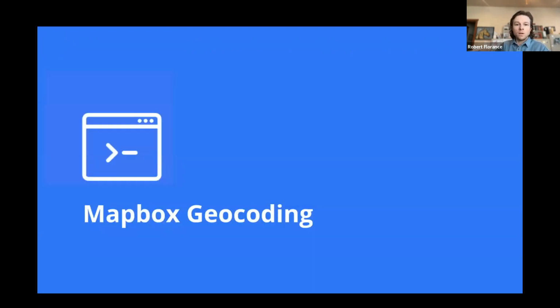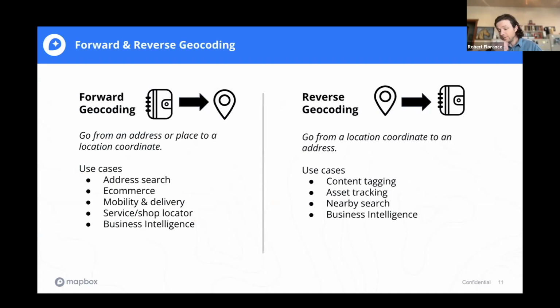To get into it, at a very high level there are two types of geocoding: forward geocoding and reverse geocoding. You can think of forward geocoding as having an address string, the name of a place, or a zip code, and you want to find out its latitude and longitude. You'd submit a forward geocoding request, we would find that address or place, and return the location to you.